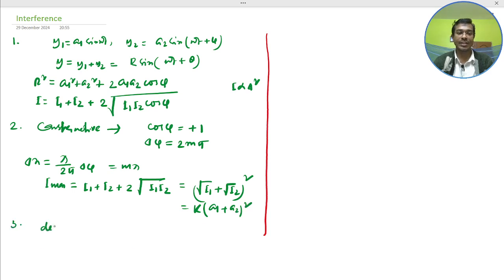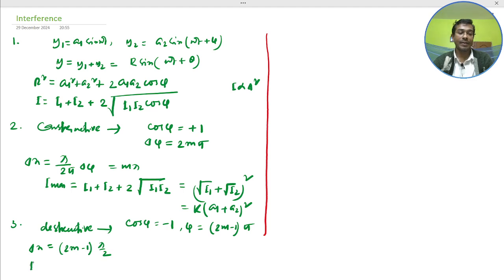Next one, for the destructive interference, cos phi is minus 1, or phi would become an odd multiple of pi. So the path difference delta x is (2m minus 1) into lambda by 2.